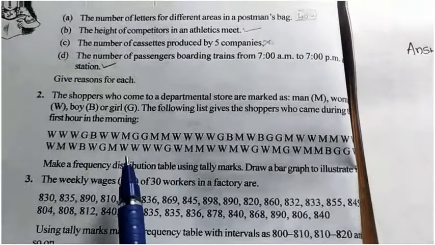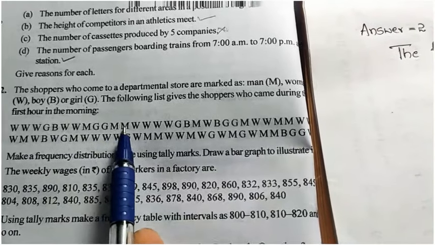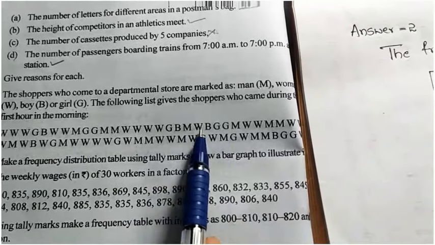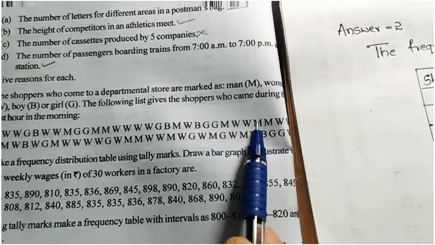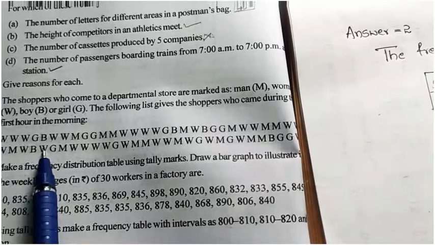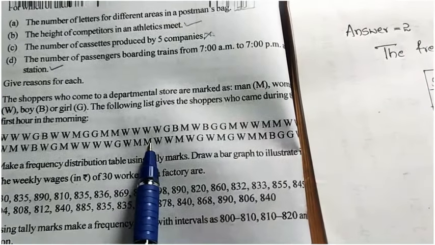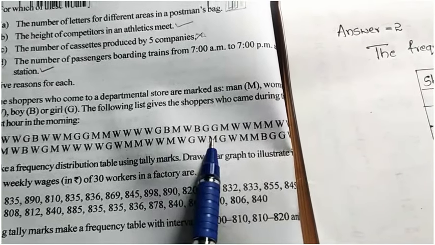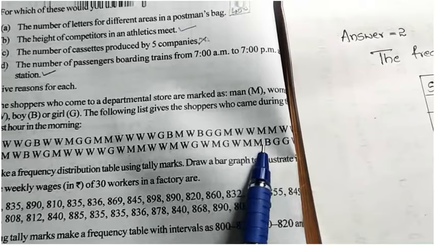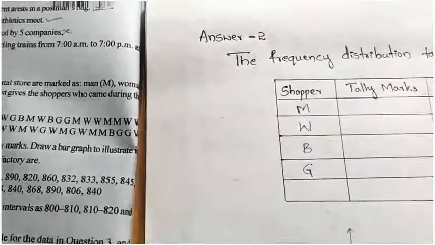I'll show one and the remaining you have to do. 1, 2, 3, 4, 5, 6, 7, 8, 9, 10, 11, 12, 13, 14, 15. Okay, total 15 are there.